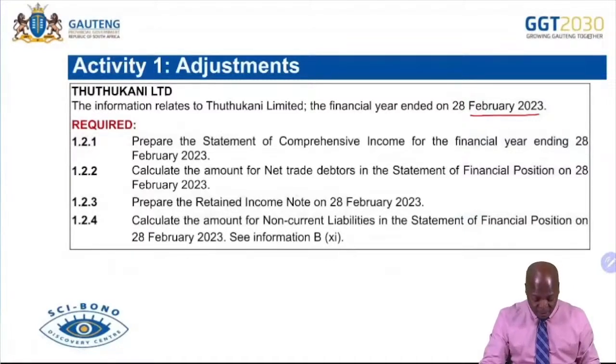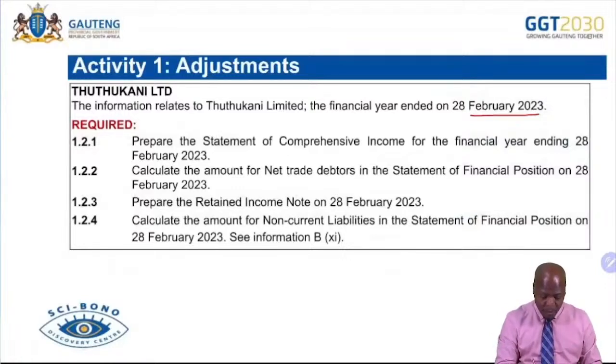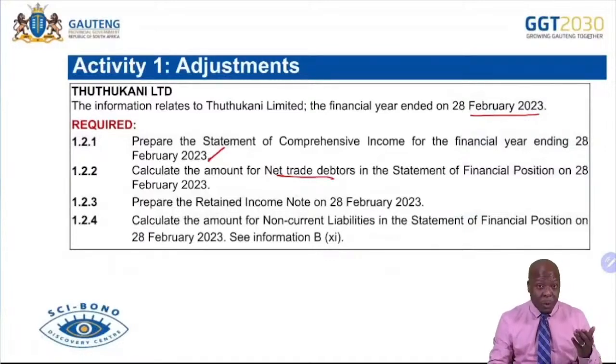What are we required to do? We are required to prepare the statement of comprehensive income, that is number 1. We will also do calculations for net trade debtors, that is for the statement of financial position. I'm going to do this with you today. We will prepare the retained income note. If you have a problem with the retained income note, please stay tuned in today's class because I'm going to do this with you.